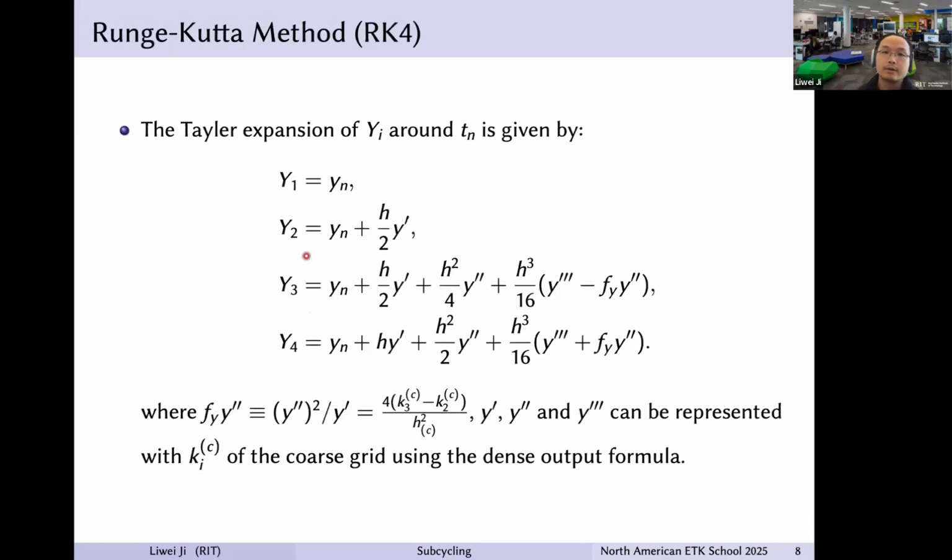We can do a Taylor expansion of the intermediate stages around the time direction, and here's the expression. Then if we can fill in the Y's, we can prepare these Y's without using a buffer zone. We can still use subcycling without using the buffer zone points.